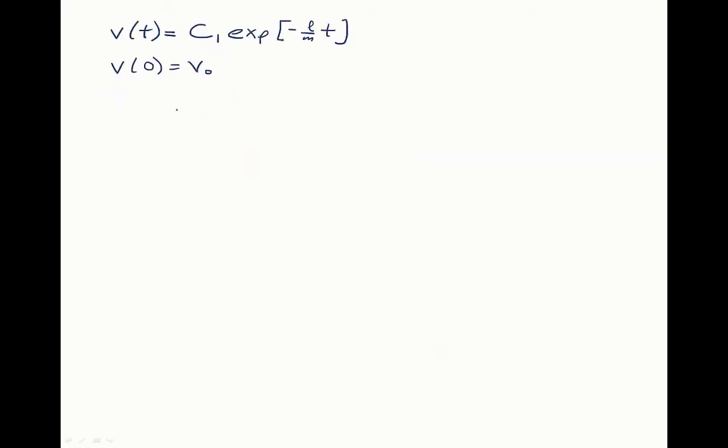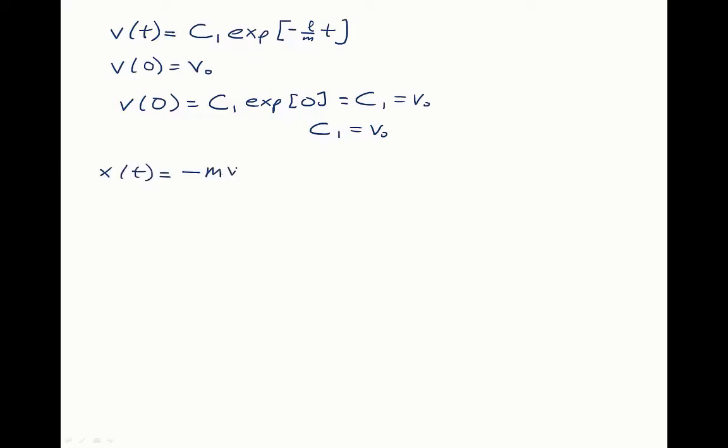Alright, I'm going to start with velocity. I know that velocity at time 0 equals v0. If I plug in 0 into my equation, the exponent of 0 is 1, so this just equals c1 equals v0. So c1 equals v0. This means that x of t becomes minus m v0 over L times the exponent.